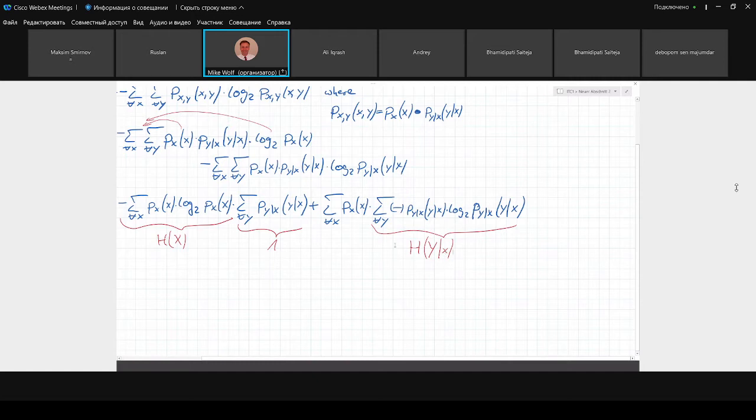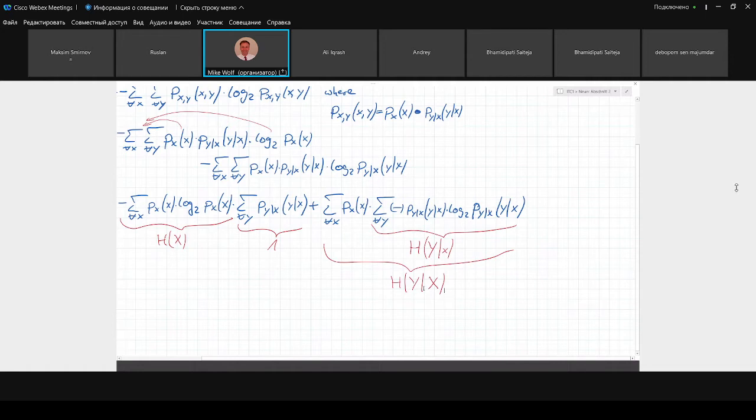And then I average these values for this concrete lowercase x value by the probability and end up with the conditional entropy h of y given capital X, right? So this lowercase x means this is a concrete value, and this is basically now the random variable x here. And this is what we wanted to prove.